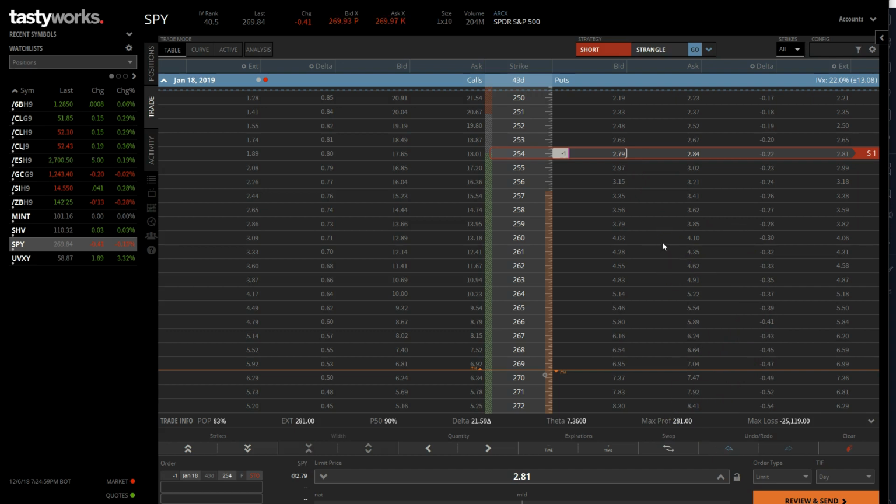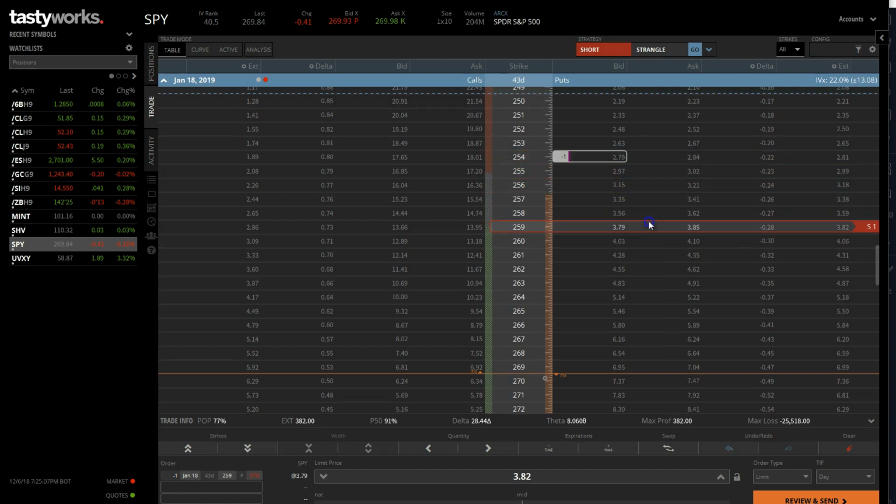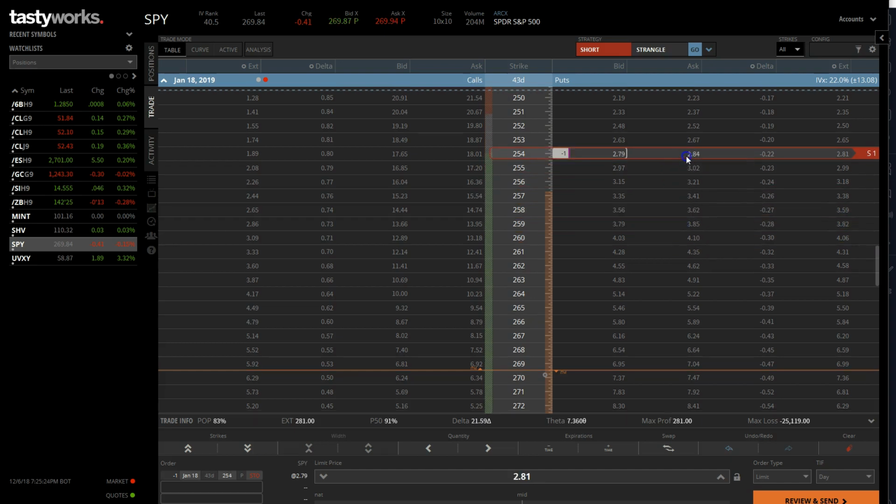I like using the deltas. These are the Greeks, but I usually go 20 or 30 deltas, so we'll be around here. If I were going to do the same trade, when I did it, it was around here, where I got $400, right? But at the end of the trading day, it went up, so I'm making money.